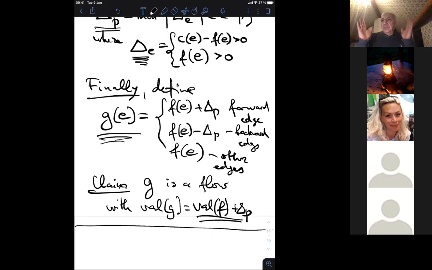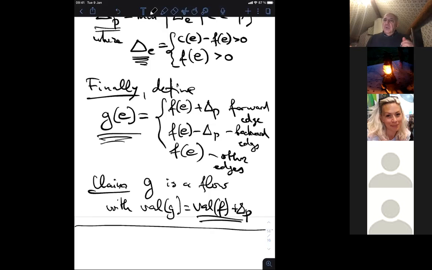We start with an initial network and assign flow 0 to all edges. And then we'll be creating augmenting paths algorithmically. We'll be trying to find a path satisfying these conditions. This can be done algorithmically, fairly simply.